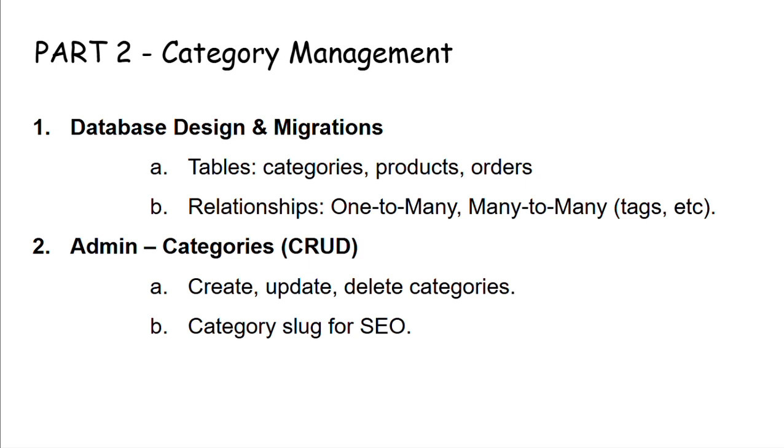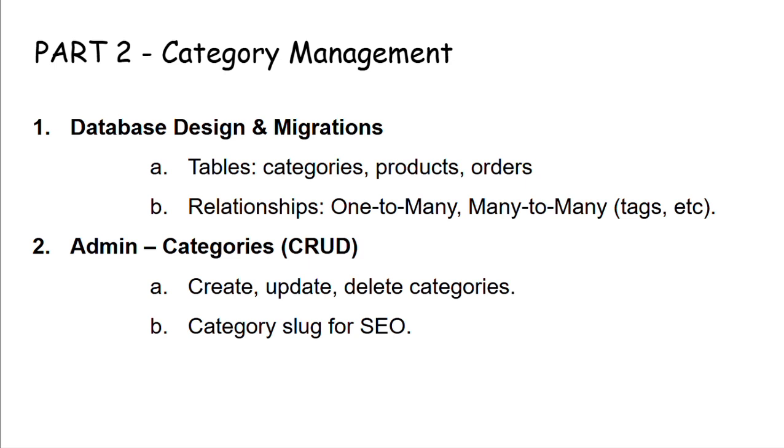We will be managing categories, and we will do things with the database. We will create tables: the categories table, products table, and orders table. We will be setting up the relationships. There are many relationships, like one to one and one to many, so we will look at all of these too.